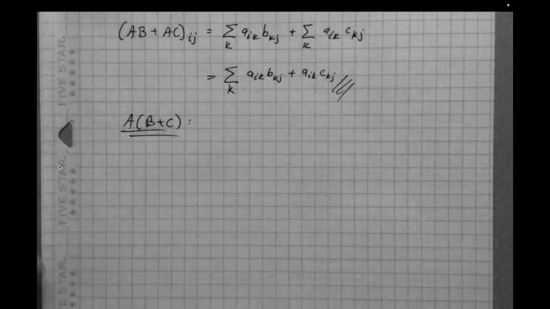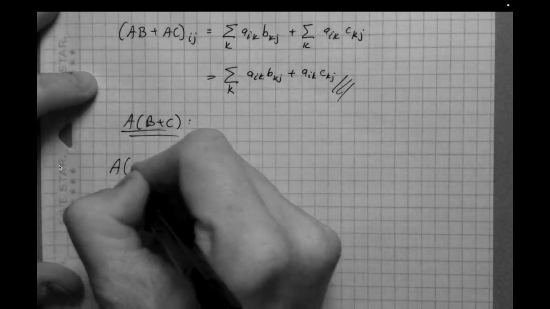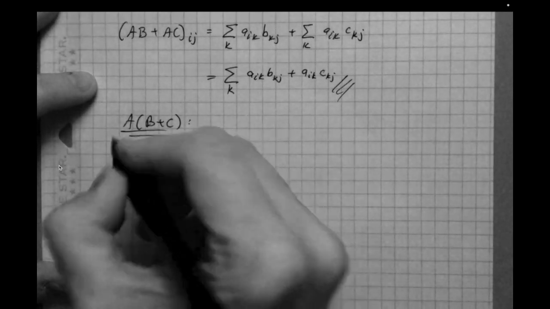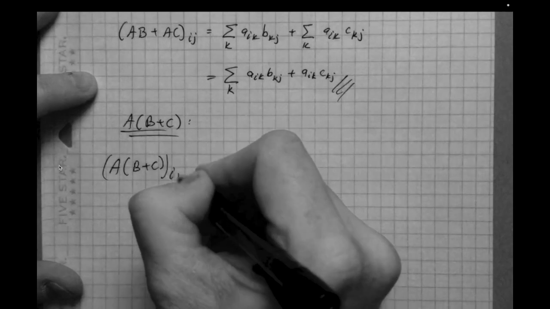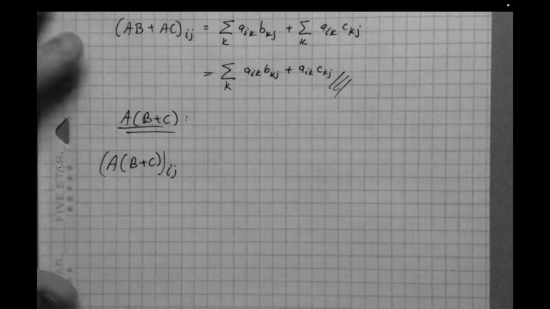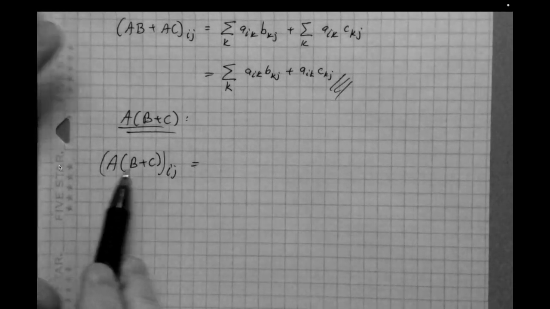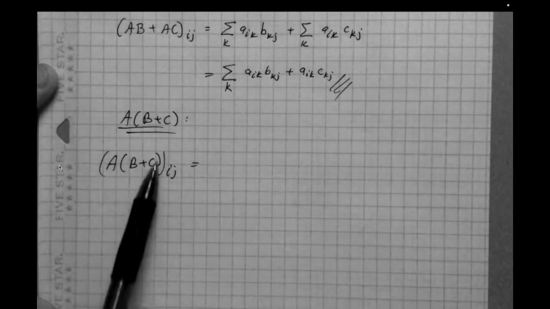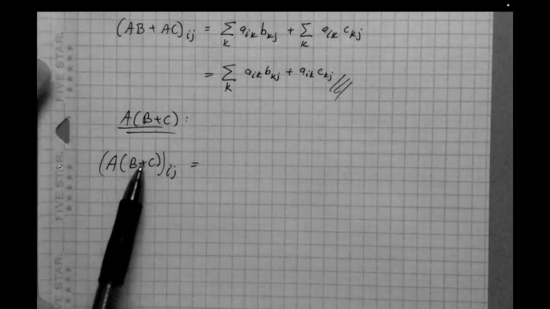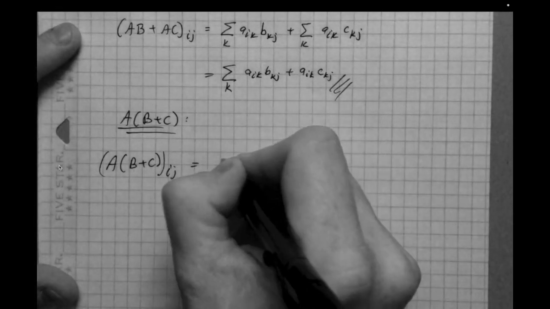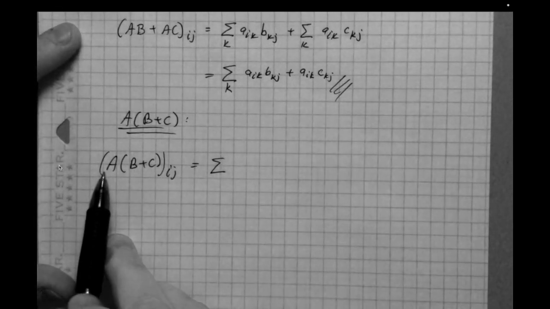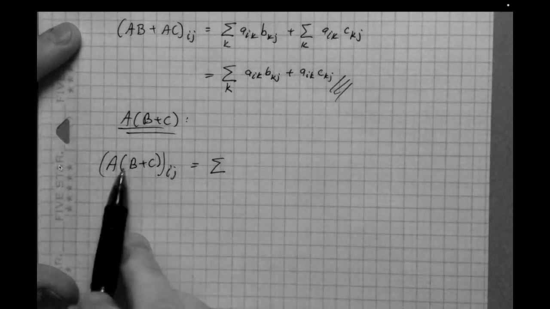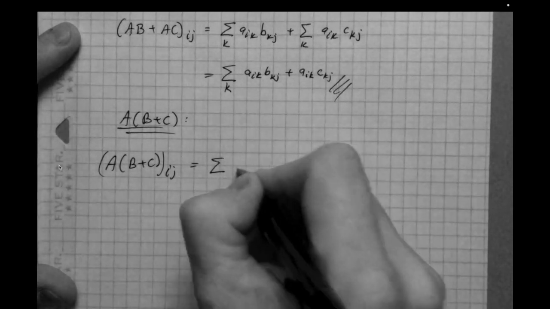Okay, so we need to know A times B plus C, right? That whole matrix, the ij entry. Well, basically this comes down to a multiplication product again, right? You've got the A matrix multiplied with this matrix B plus C. Okay, and so the way we can write this is going to be the ith row of A and the jth column of B plus C. Right, so we can write it like this.